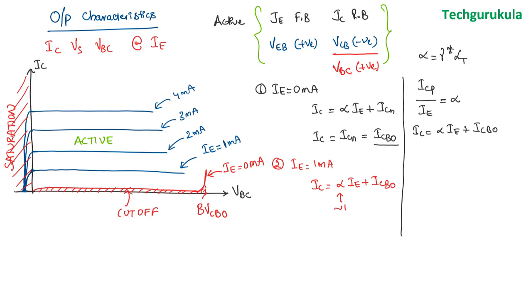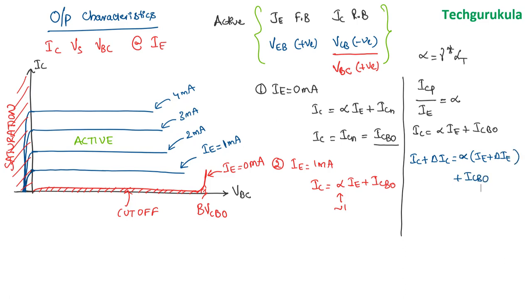But let's say there is a change in the voltage due to which IC and IE change. We know for sure ICB naught is not going to change, which is a constant value. Hence, we can write that equation as IC plus delta IC is equal to alpha times IE plus delta IE plus ICB naught.